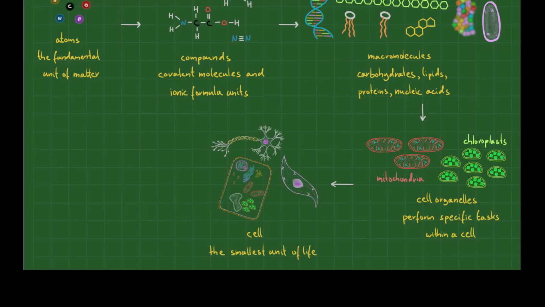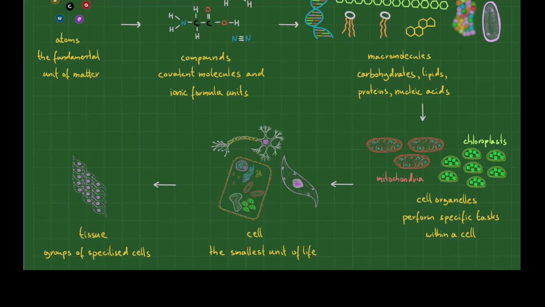A cell is what we get when a whole bunch of organelles work together. The word cell comes from the Latin word cella, meaning small room or a chamber. A functioning cell is considered the smallest unit of life, and we are going to spend a decent chunk of time talking about cells.